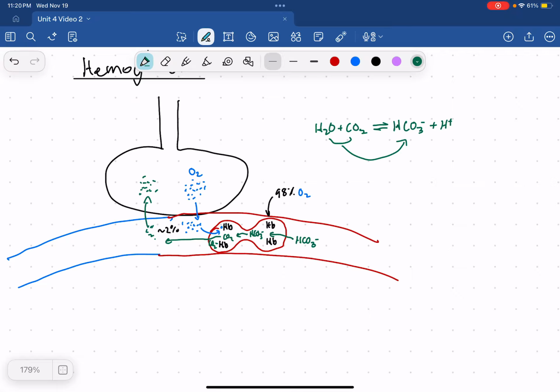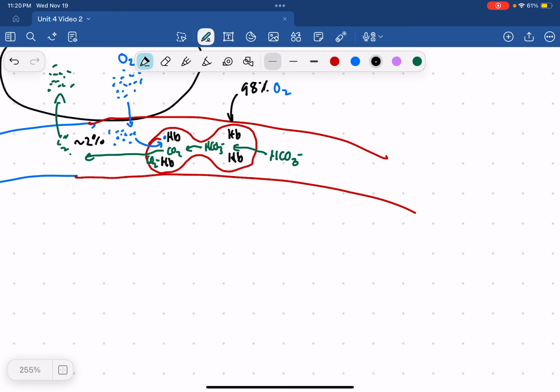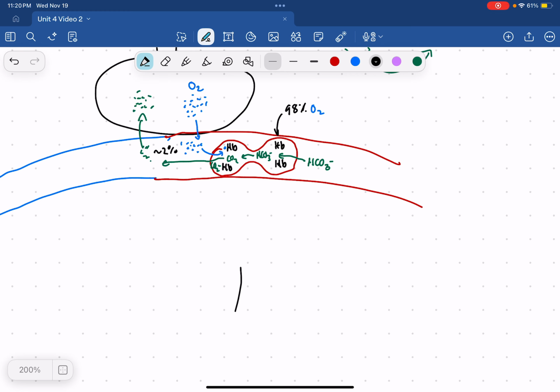Now, let's talk a little bit about hemoglobin, some of its uses and how important it is. So one thing that hemoglobin does is when this red blood cell has made its journey further down the bloodstream, not in the same spot, I'm just going to draw this right here for timing purposes.